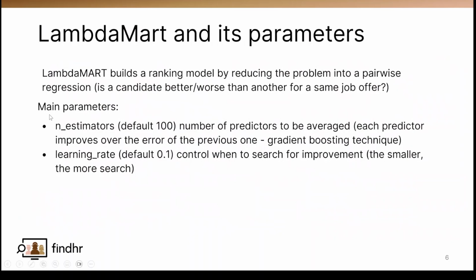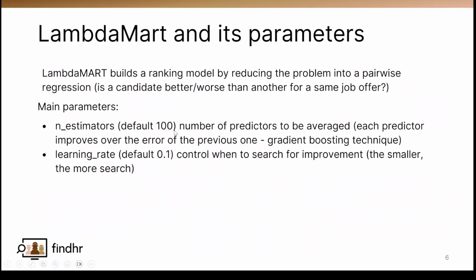It is, let's say, a model which behind the scenes builds other models. These other models can be very large, and the number of these other models is in the n_estimators parameter, by default 100.